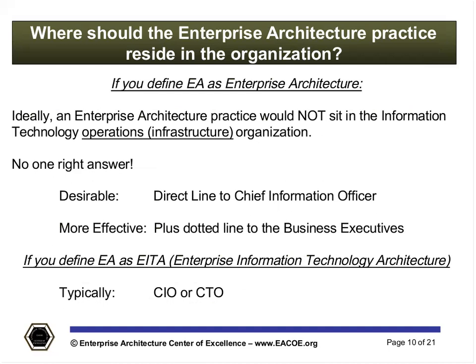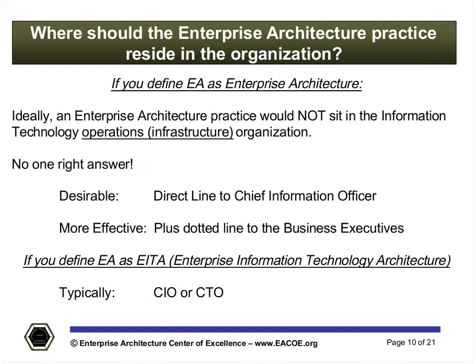Where should enterprise architecture practice reside in an organization? Well, this is the question about who has the skills versus where the information lies to us. And therefore, we're going to say it is not that important where the organization sits based on who has the skills to do enterprise architecture. The better question is, where is the information that comes out of that?